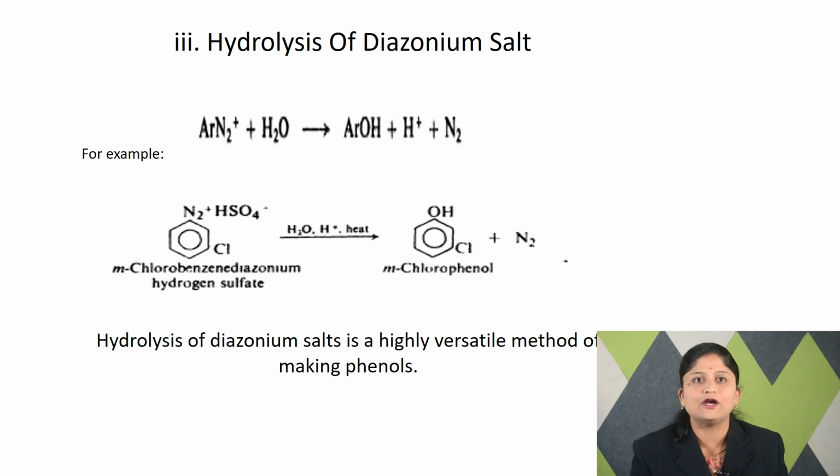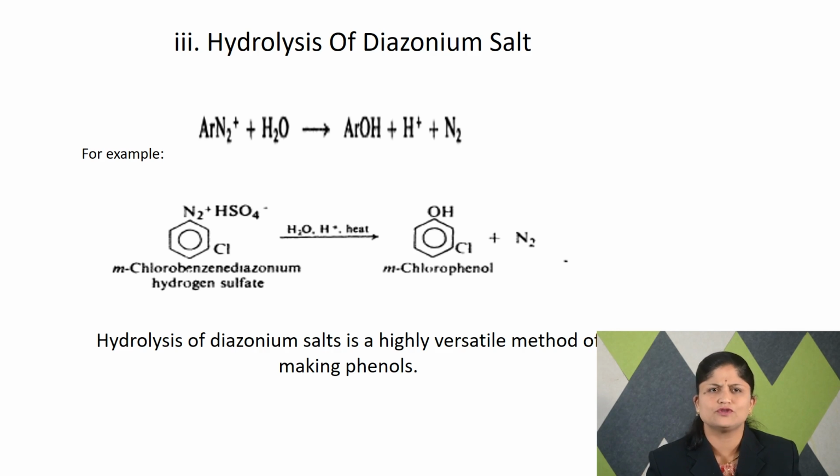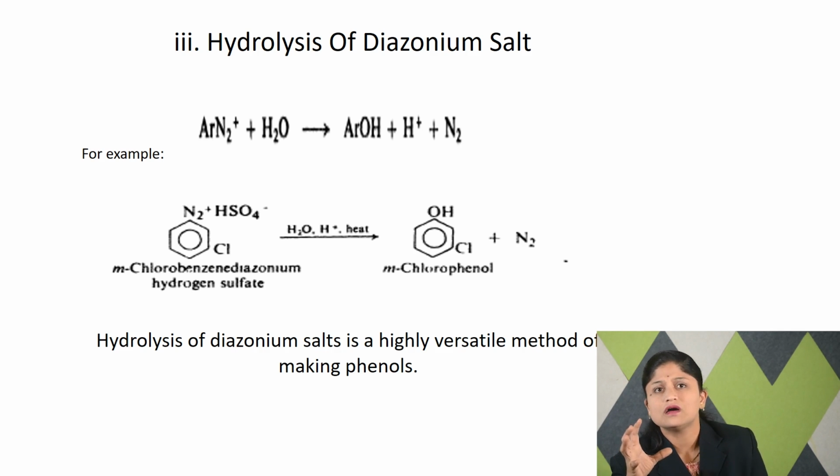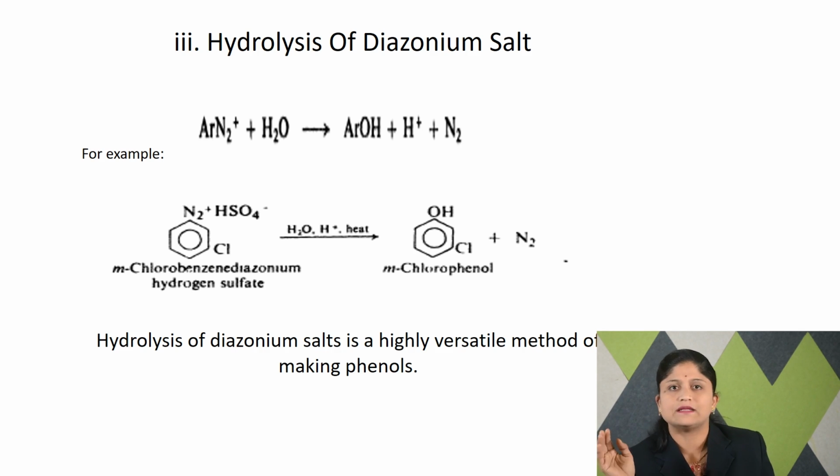This ArN2 belongs to a diazonium salt, and through hydrolysis of this diazonium salt in the presence of water, we are able to produce phenol derivatives, and the nitrogen is released in the form of gas.